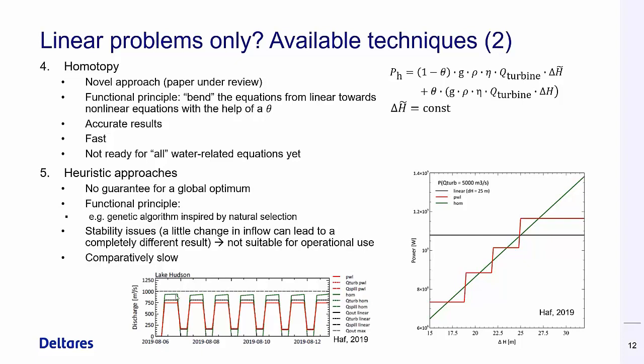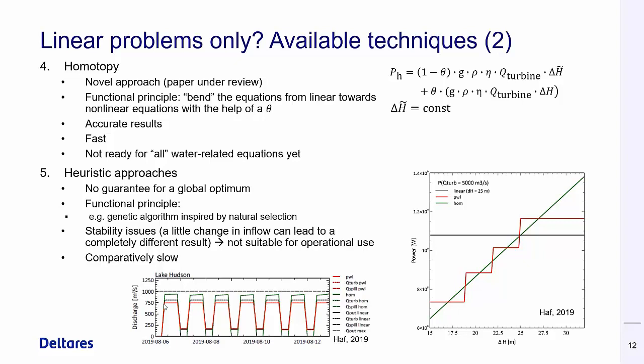The green line is the homotopy approach, and here you see discharge over time for a reservoir, with a day-night pattern of discharge for power generation, and here you see a little increase of discharge, and this accounts for the reduction of head difference that comes with the release of water from the reservoir.